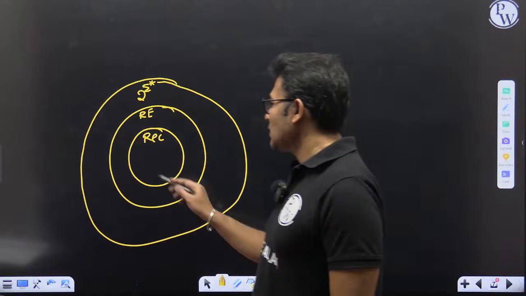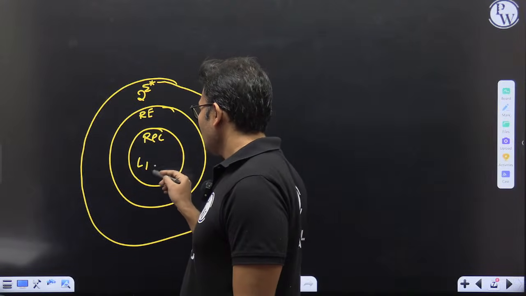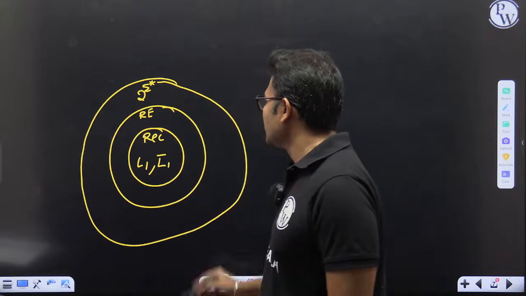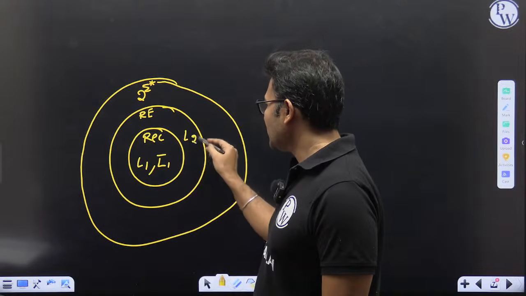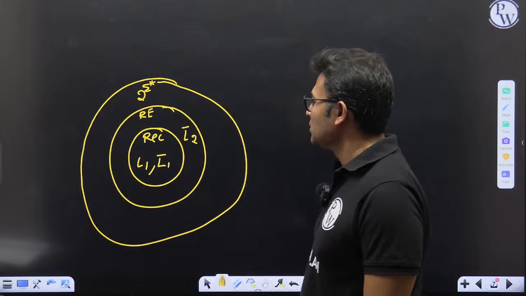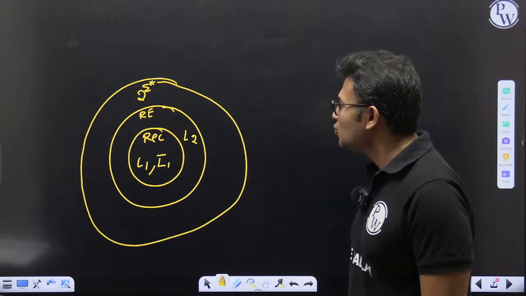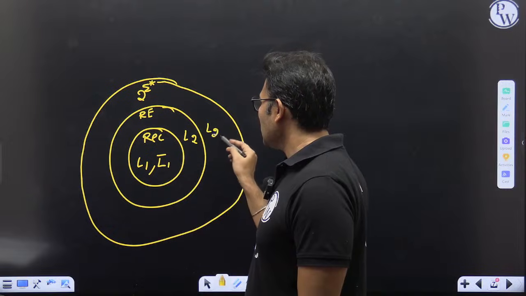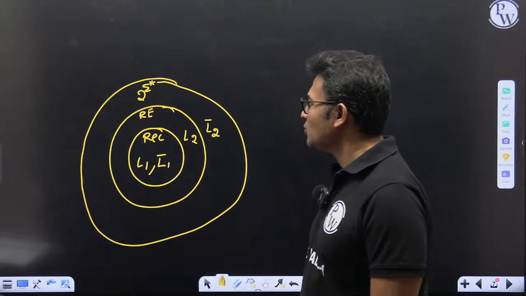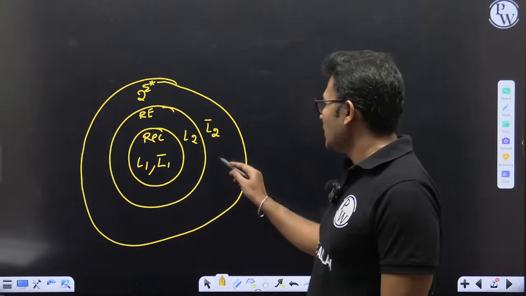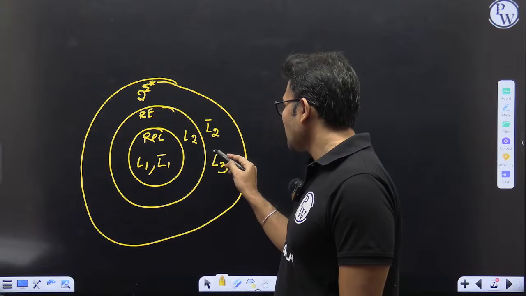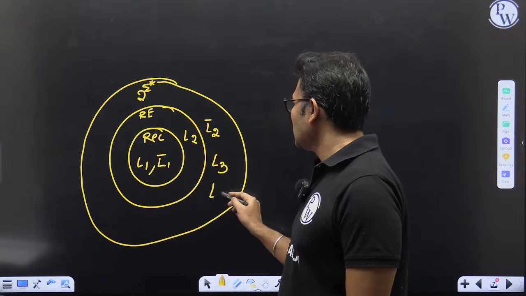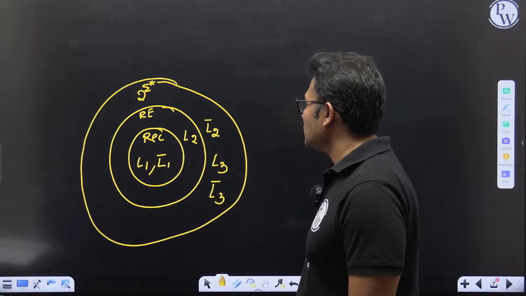If a language L1 is recursive, then language L1 complement is also recursive. If a language L2 is recursively enumerable but not recursive, then L2 complement will definitely be not recursive. Or a language can be non-recursive, and then its complement may be non-recursive.